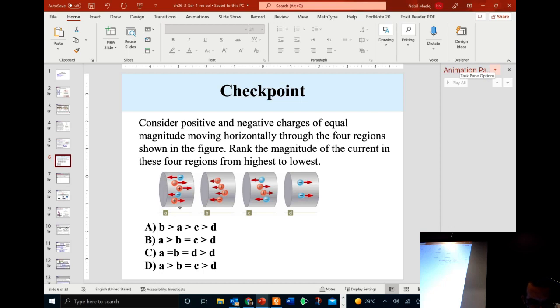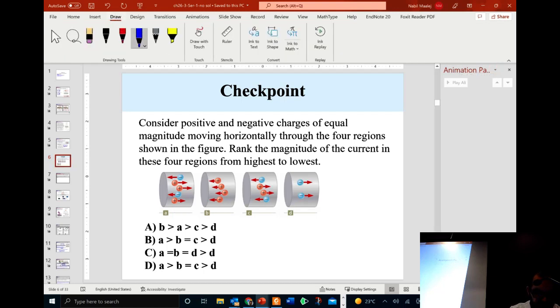Let's take to the right. We have 3 positive charges moving to the right, and 2 negative charges moving to the left. The 2 negative charges moving to the left are equivalent to 2 positive charges moving to the right. So here we have 5 charges moving to the right.